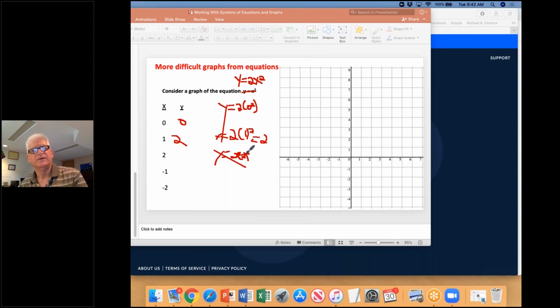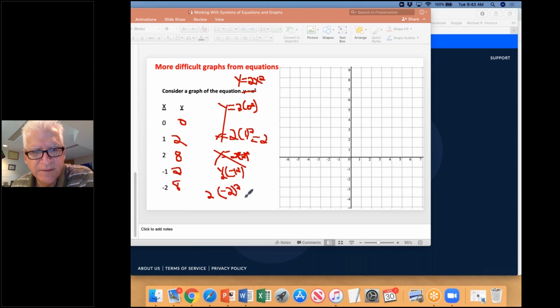Actually, 2 times 2 squared is 2 times 4, so it's going to be 8. For negative 1, I get negative 1 squared, which is 1, times 2 is 2. And then for negative 2 squared, it's going to be 8, because negative 2 squared is 4 times 2.